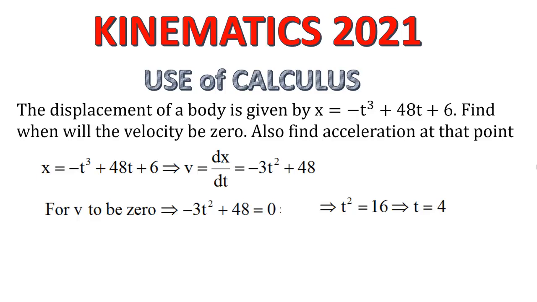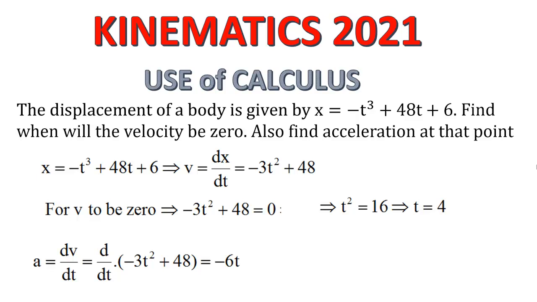But what to do with t equals 4? We have to place the value in the expression for the acceleration. So first you get the acceleration. I differentiate once again, dv by dt, and I get minus 6t. Since this expression contains t, that means acceleration depends on time.